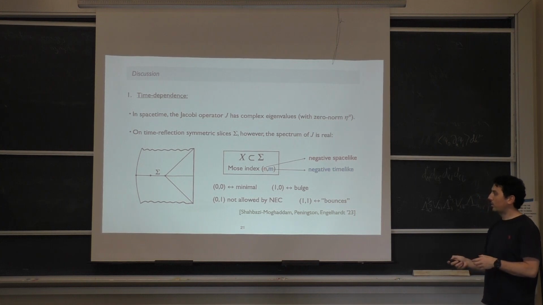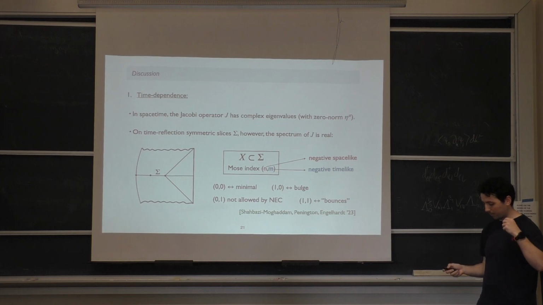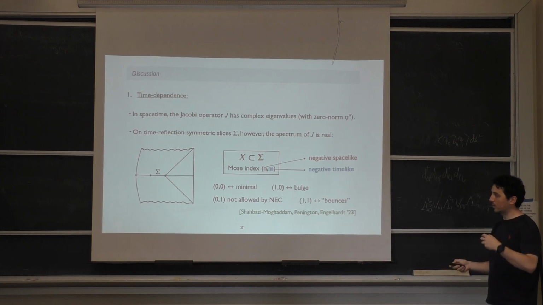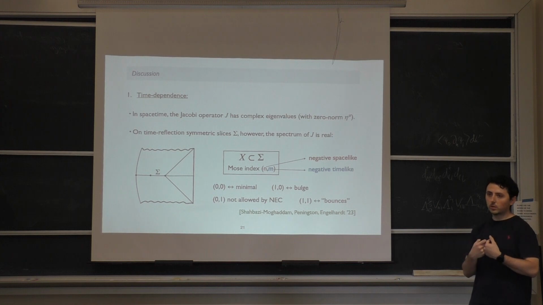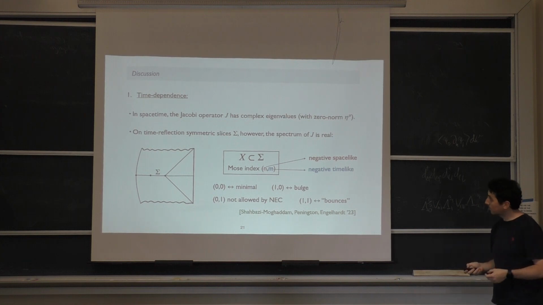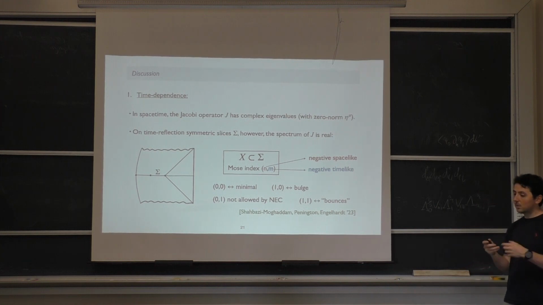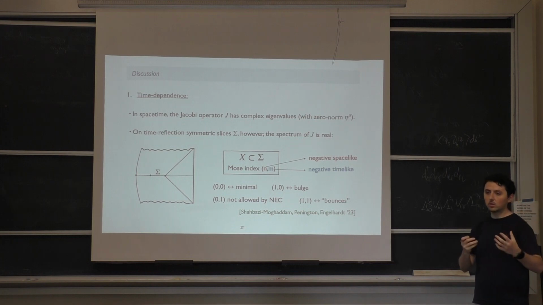The point is that if we want to analyze the spectrum of second order deformations of an extremal surface in spacetime, the associated Jacobi operator will fail to be self-adjoint. So in general, it will contain complex eigenvalues. So this means that we cannot do our classification in terms of the Morse index in general.